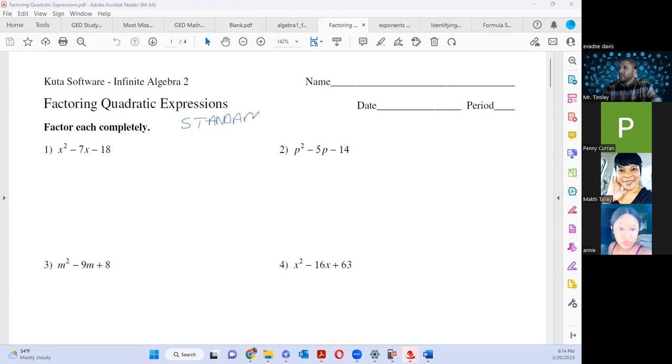It is ax squared plus bx plus c equals 0. Ax squared plus bx plus c equals 0.